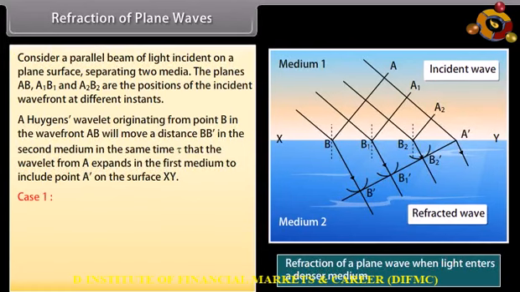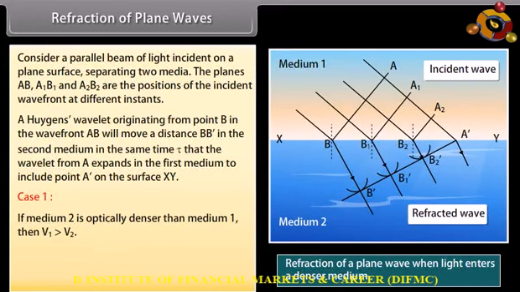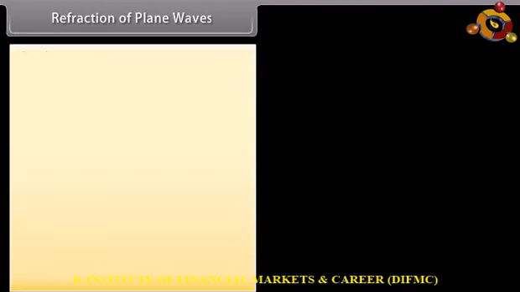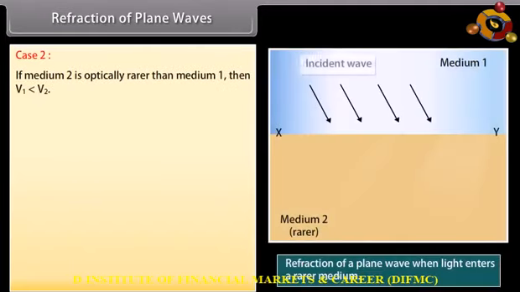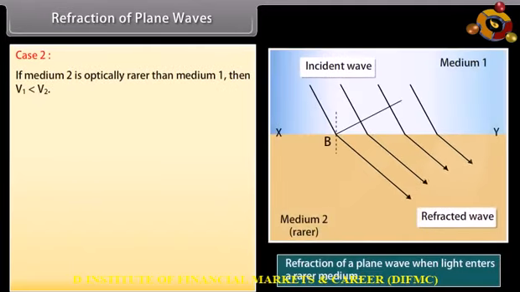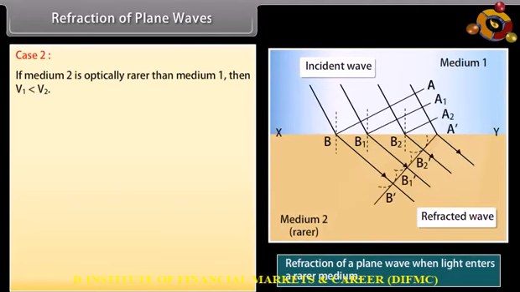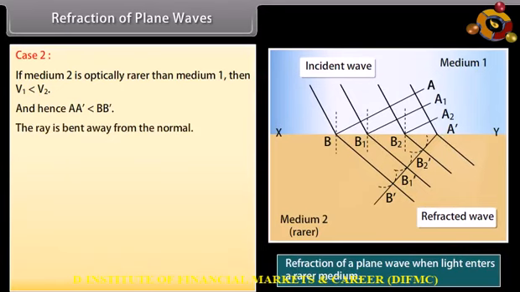Case 1. If medium 2 is optically denser than medium 1, then V1 is greater than V2 and hence A is greater than B. The ray is bent towards the normal. Case 2. If medium 2 is optically rarer than medium 1, then V1 is less than V2 and hence A is less than B. The ray is bent away from the normal.